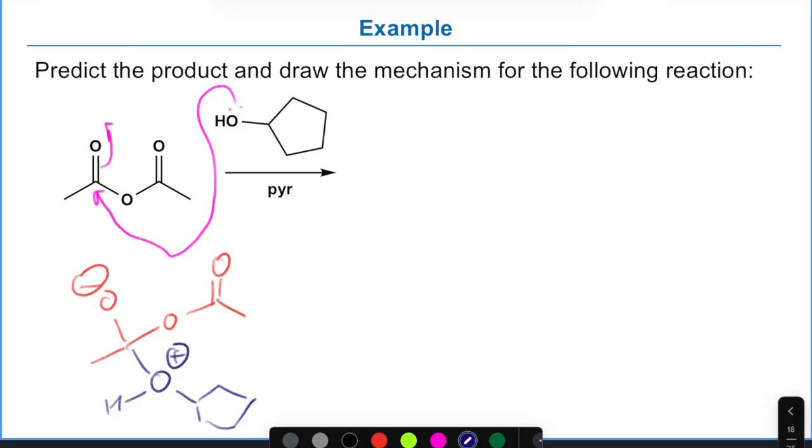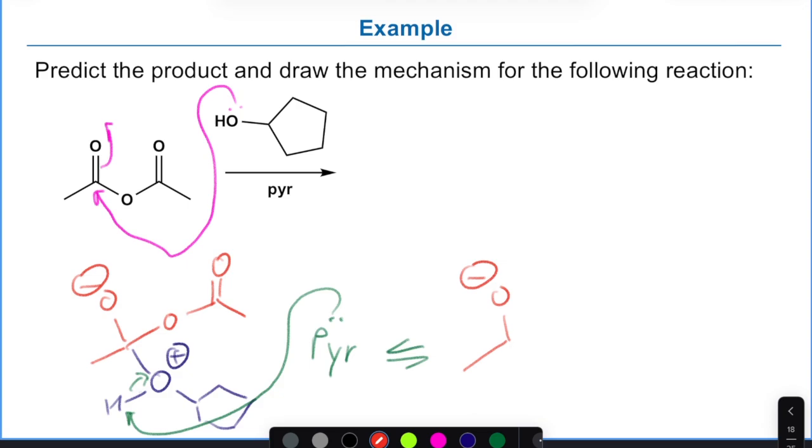That intermediate, we could deprotonate it, so our molecule of pyridine, I'm just going to say PYR, has a lone pair on nitrogen. We're going to deprotonate to give us back an anionic intermediate. You could do a second proton transfer, as we mentioned last time, if you feel like drawing it that way, where we add back to a neutral compound. I'm going to do it directly from here, where what we have to do is bring this down and kick out our carboxylate.